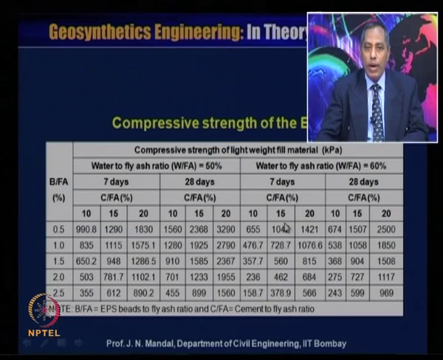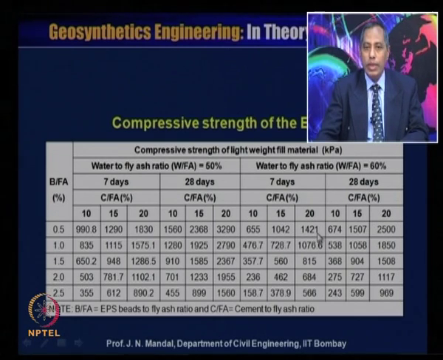Then when the cement to fly ash ratio is 15%, this gives 1042 kilopascal. Then when cement to fly ash ratio 20%, it gives 1421 kilopascal.